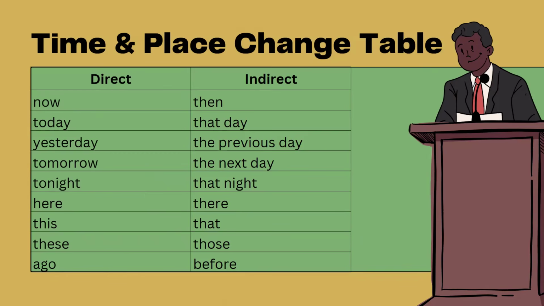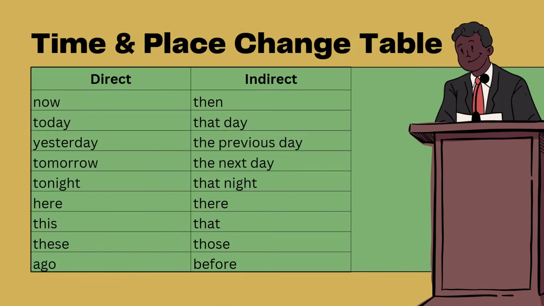Now moving on to the next rule of conversion that you have to change in reported speech: the adverbs of time and place. So I have given you a table where there are certain time words.